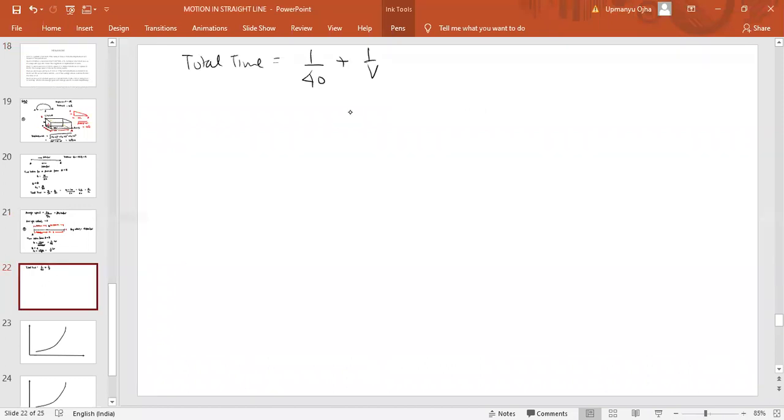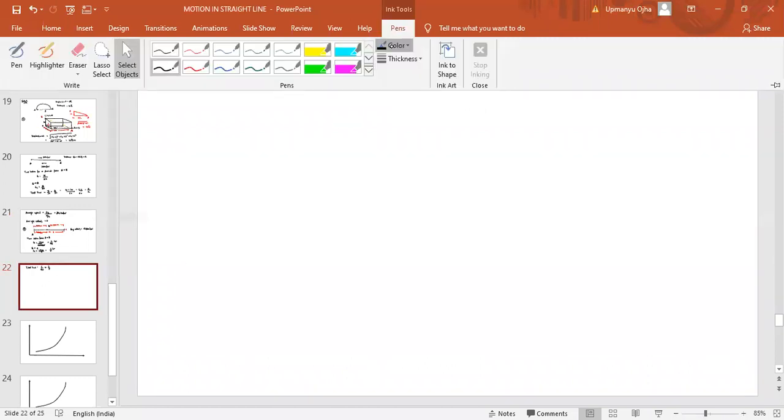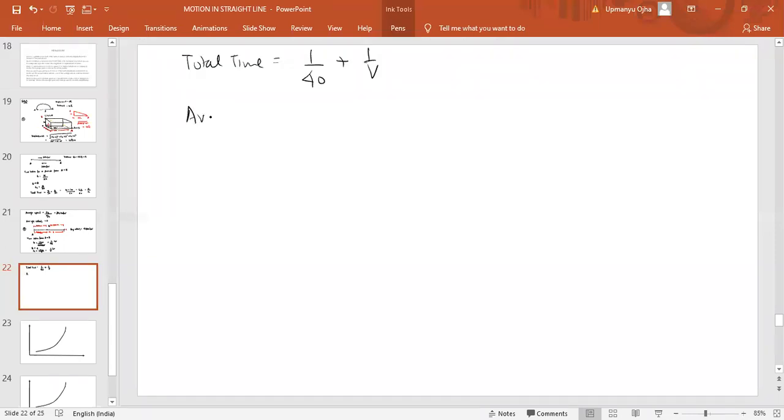Now, what is average velocity? Average velocity is total displacement, that is 2000 meters, divided by total time taken, that is 1 by 40 plus 1 by v.